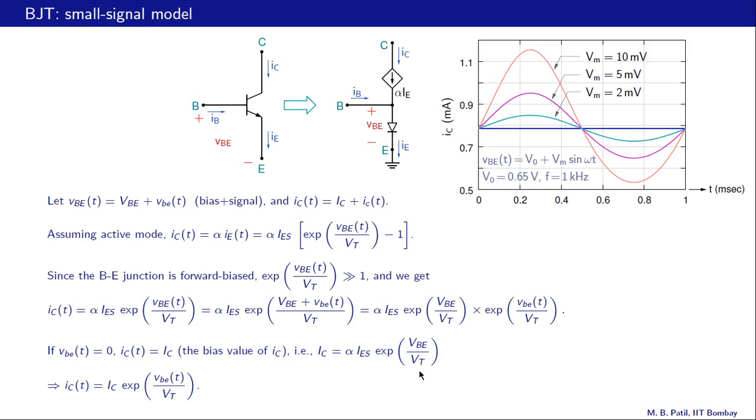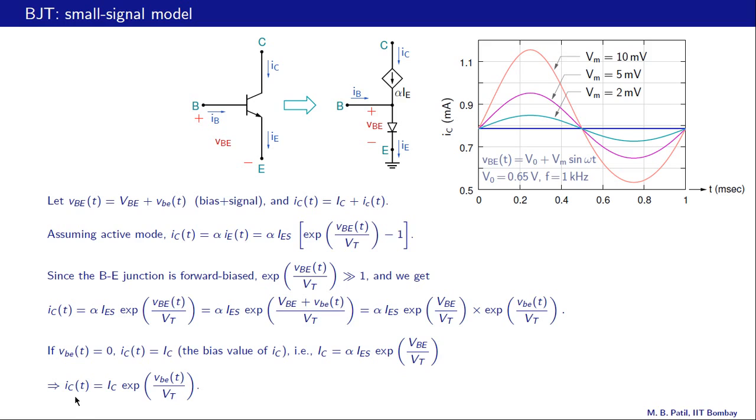And now this part is also appearing here, and therefore we can say that IC of t is, instead of writing this expression, we just write IC, and that multiplied by e raised to vbe by VT, where vbe is the signal VBE.